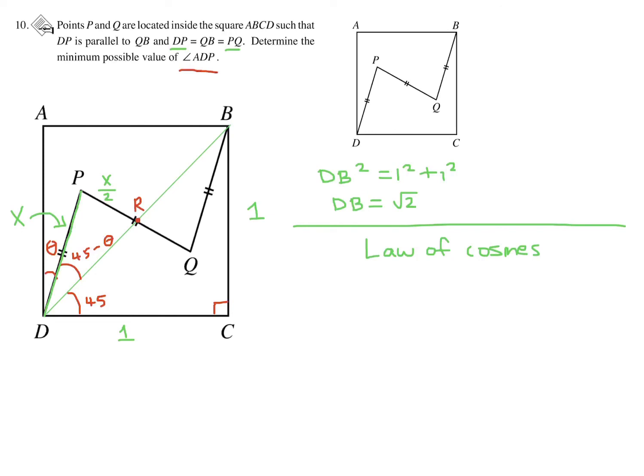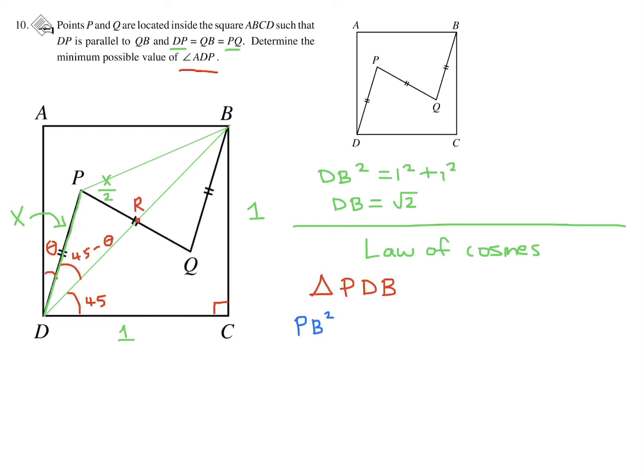So the first law of cosines I'm going to do is on triangle PDB. So where's PDB? It's right here. I have to draw in a connection from P to B to make that a triangle. And there you go. So let's go with this now.